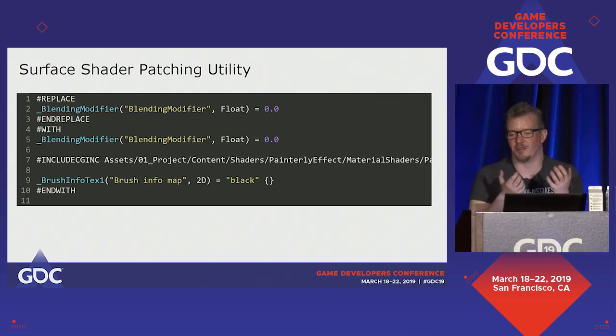But it was not a great workflow, because you can access the generated code through scripting, so I would always have to go in and hit a button on the shader to show the generated code, copy it over into a separate file, and then run the patching system on that separate file. So yeah, it wasn't fun.